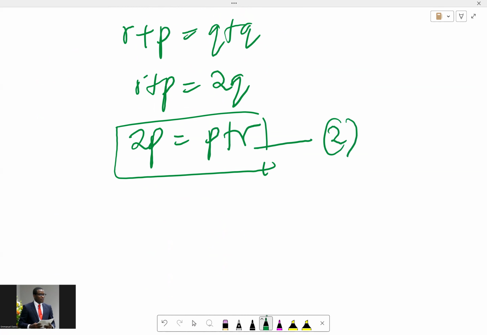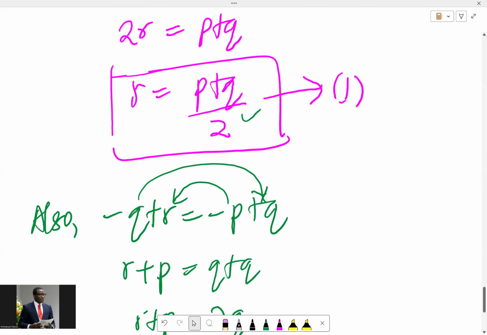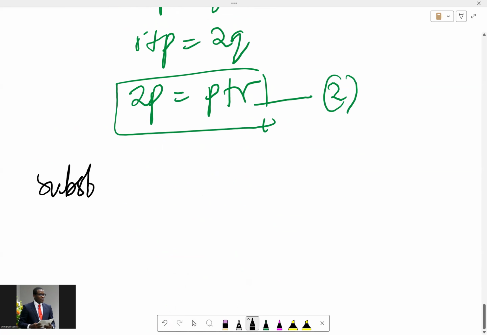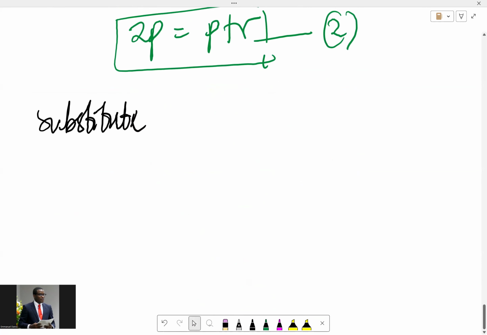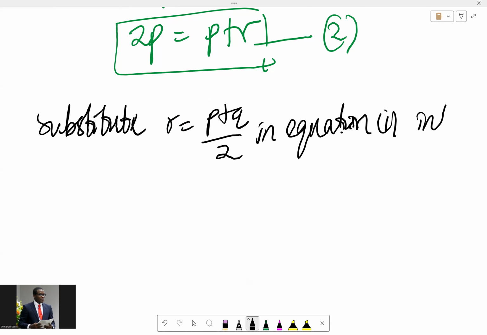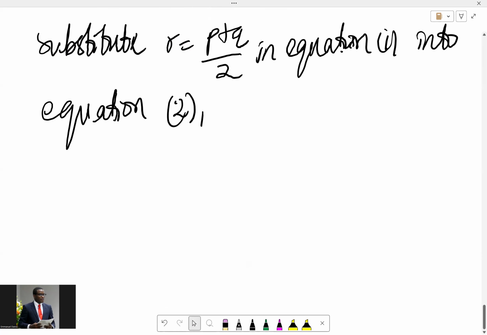So we can now substitute equation 1 into equation 2. In equation 1 we have R equals P plus Q over 2.